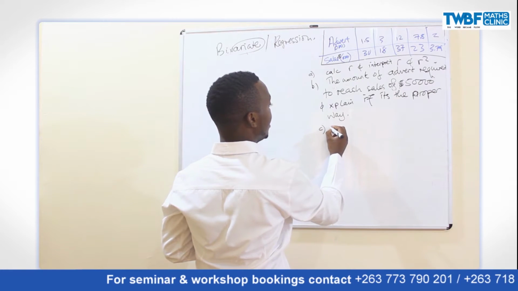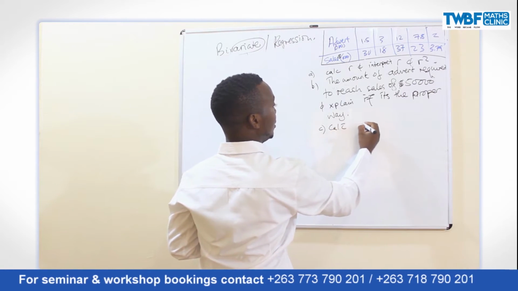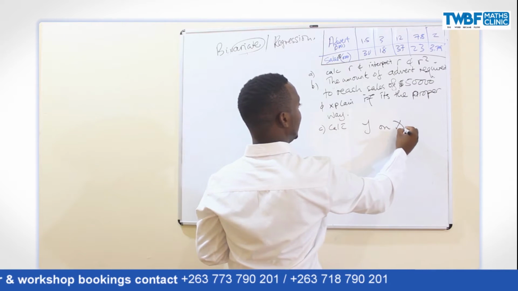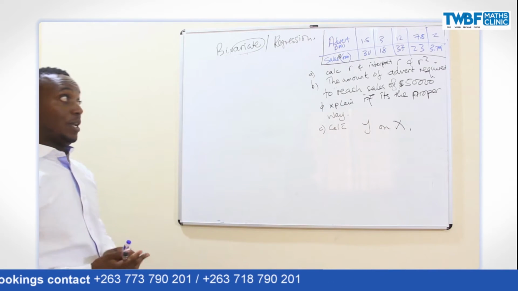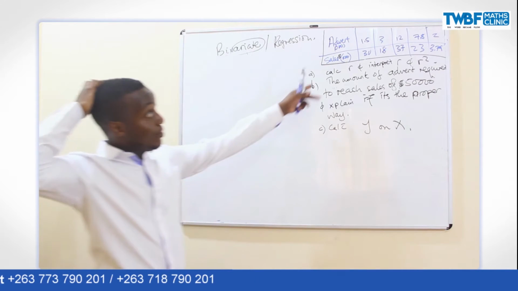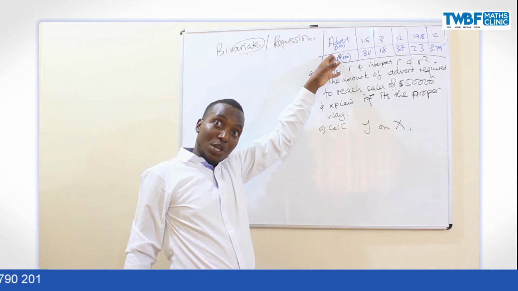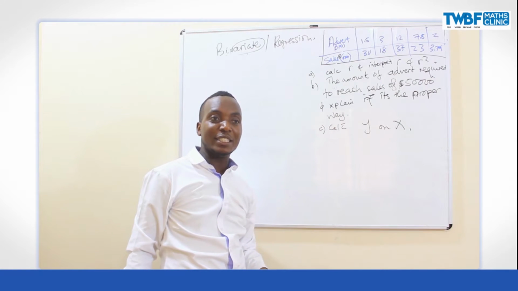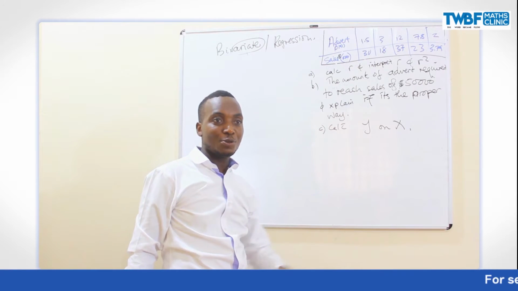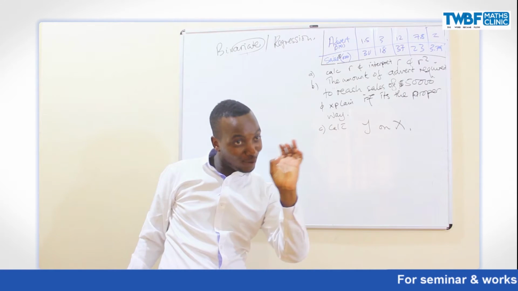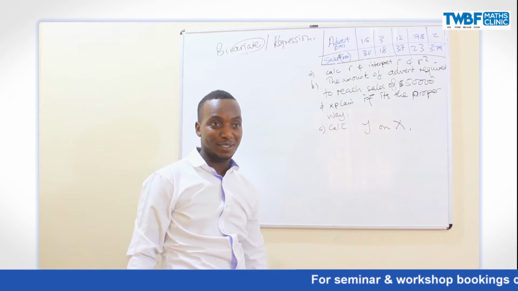Also C, calculate y on x. Full stop. Now, alright, this is the question that we have. We've got adverts, we've got sales. So we want to know how much money to put in to reach a certain level of sales.